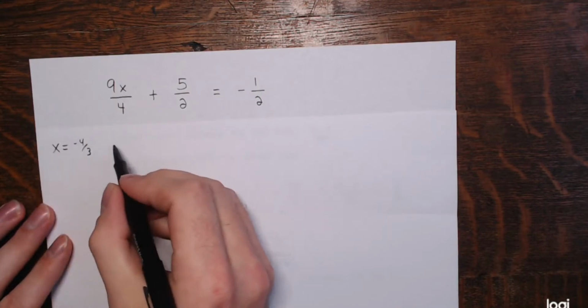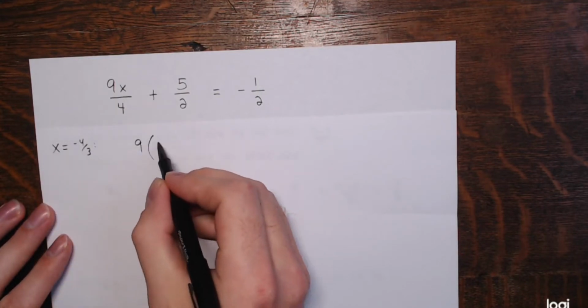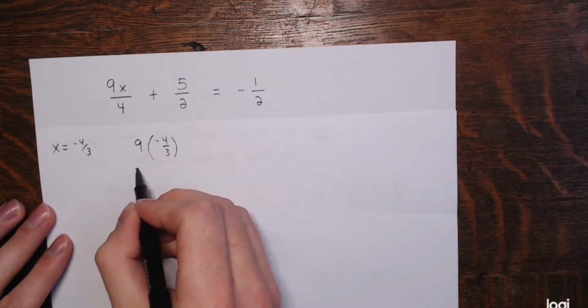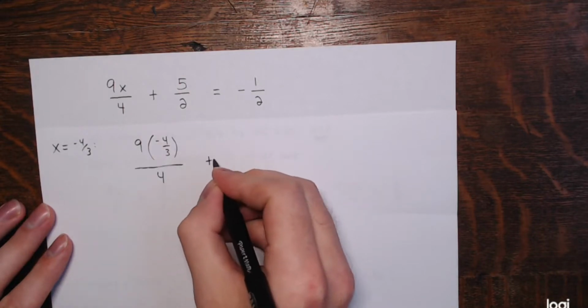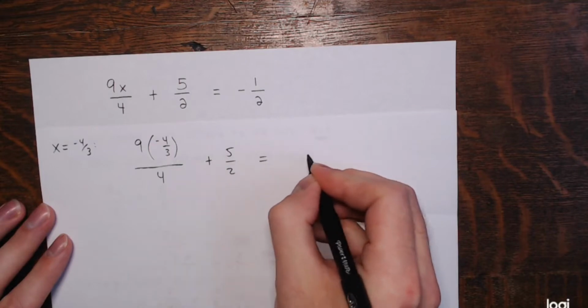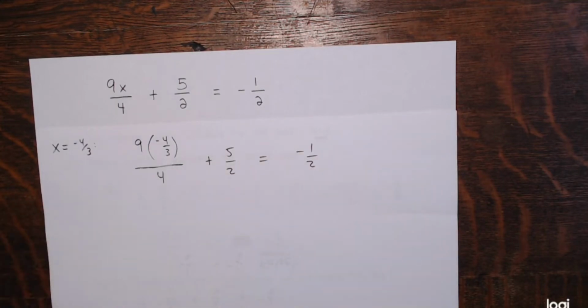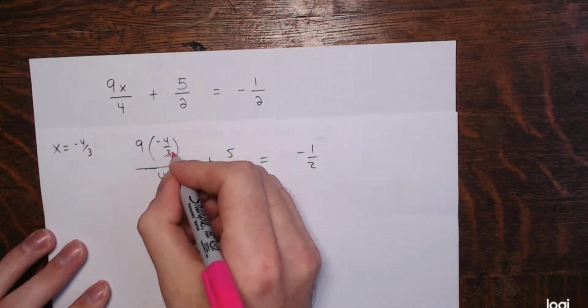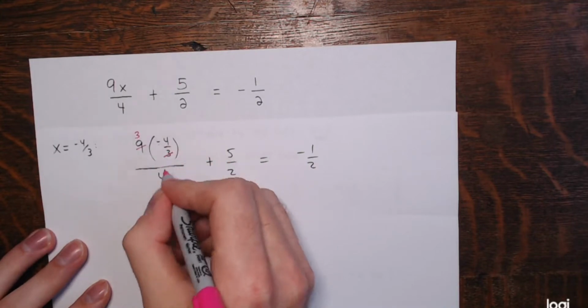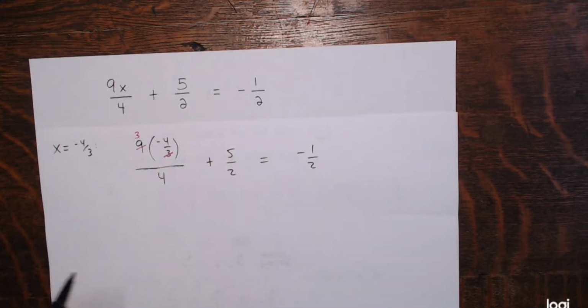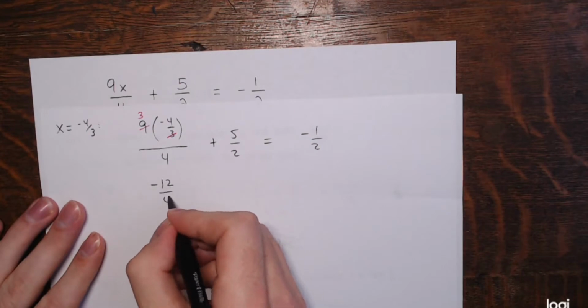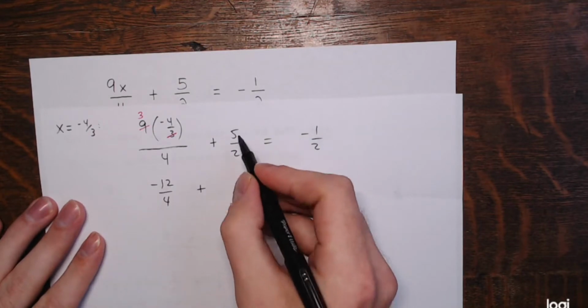Let's check this. So 9 times negative 4/3 divided by 4 plus 5/2, is this equal to negative 1/2? All right, well, let's see. 3 goes into 9 3 times. This is negative 12 divided by 4. All right, this is negative 12/4 now. Plus, and then just get this to be fourths by multiplying by 2 over 2.